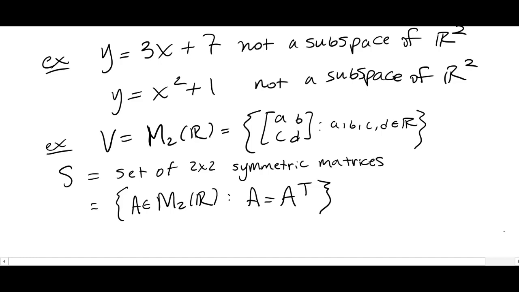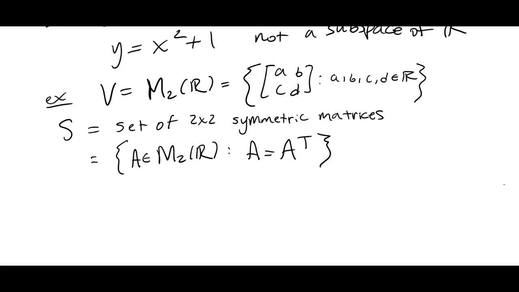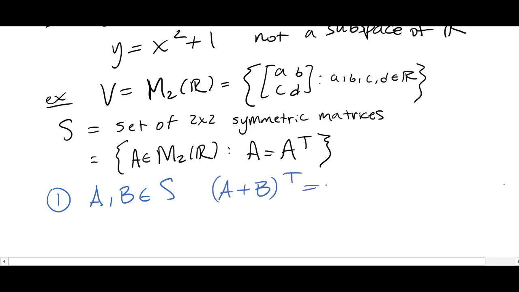So we can check vector addition and scalar multiplication. If A and B are two symmetric matrices, then we want to know, is (A plus B) transpose equal to A plus B? That's what we need to check. Well, (A plus B) transpose is A transpose plus B transpose.